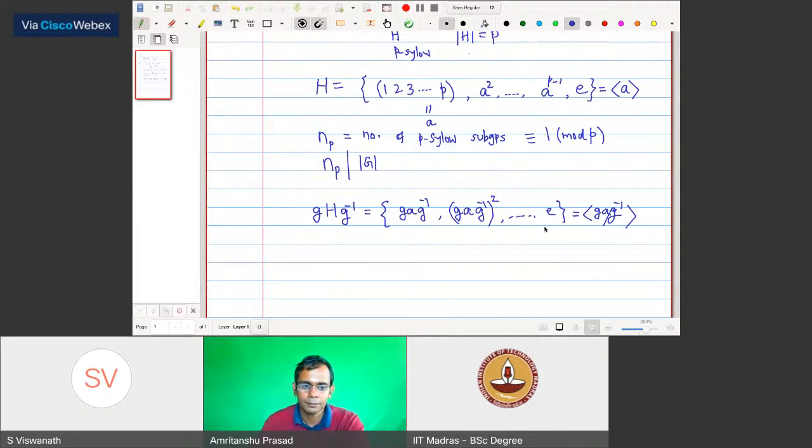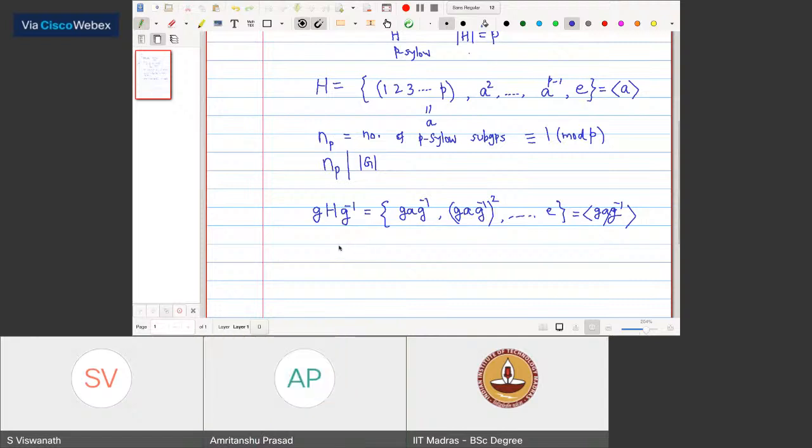Recall, if you conjugate an element with a certain cycle decomposition, you get another element with the same cycle decomposition. So this is another p-cycle. We knew that to start with, we just want to think about it in terms of the second Sylow theorem. So what are all the Sylow p-subgroups? They are of the following form.